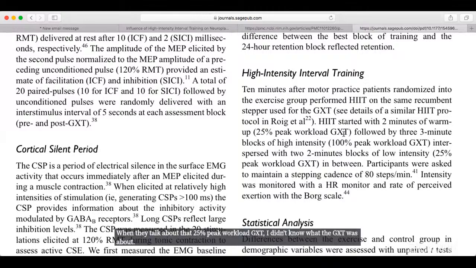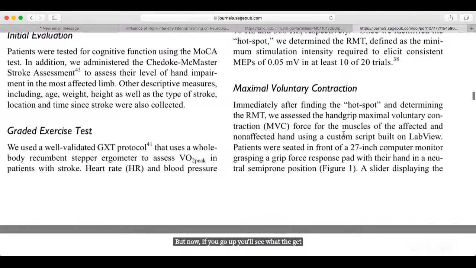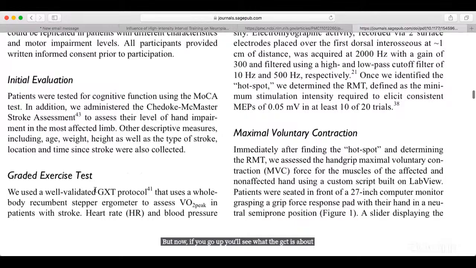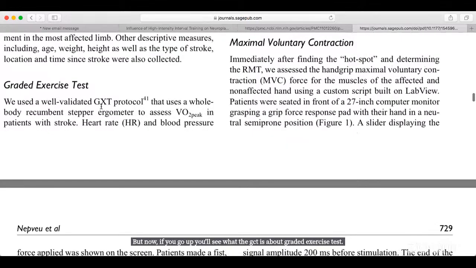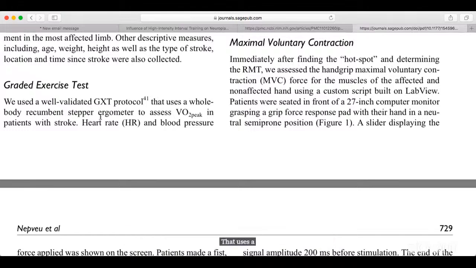But now, if you go up, you'll see what the GXT is about: graded exercise test. We used a well-validated GXT protocol. They are also referring you to another paper, 41, that uses a whole body recumbent stepper ergometer to assess VO2 peak in patients with stroke.